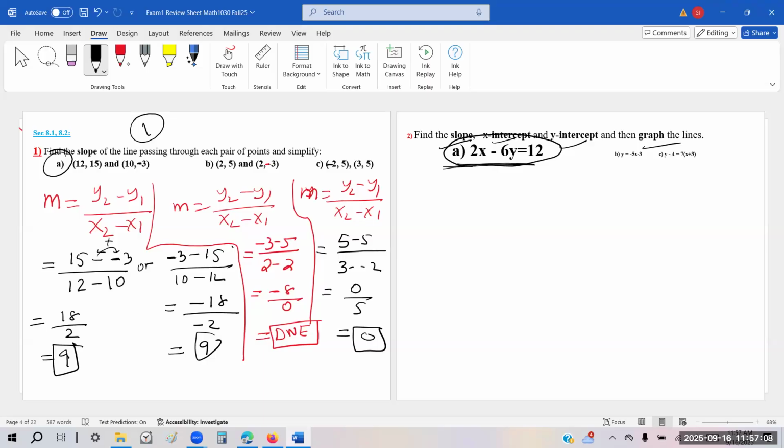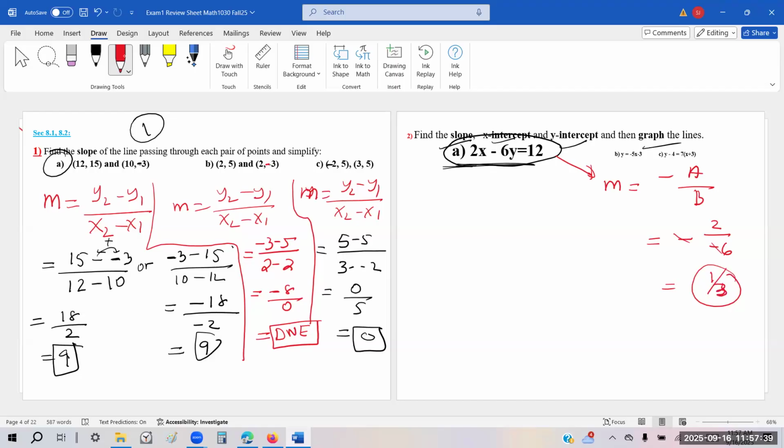So if you want to remember, for a standard form, your slope is negative a over b. So you just have to remember that. From a standard form of a line, it's negative a over b. So if you follow that, it will be negative 2 over negative 6. Negatives cancel out. It's 1/3.